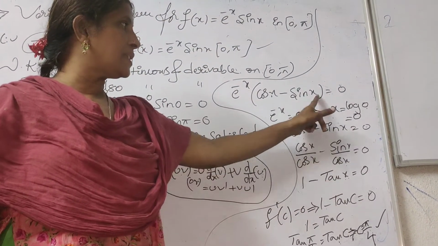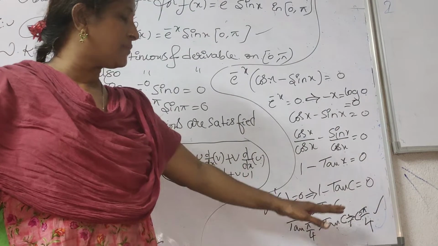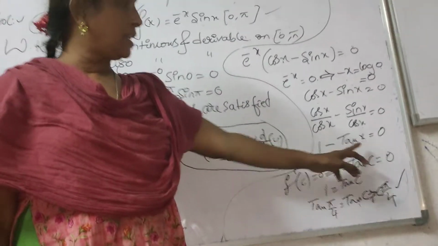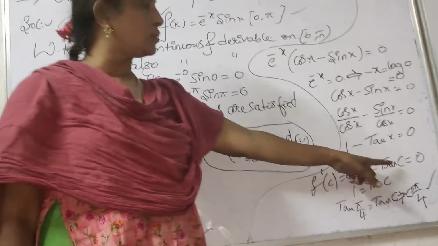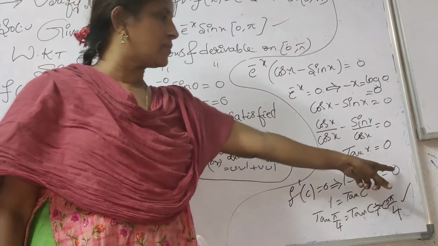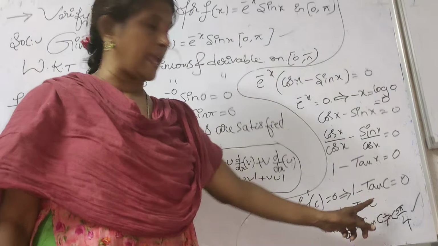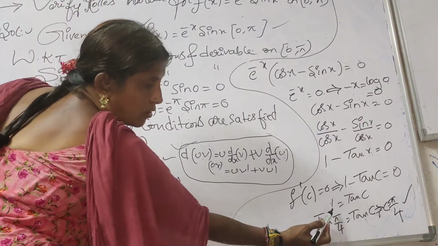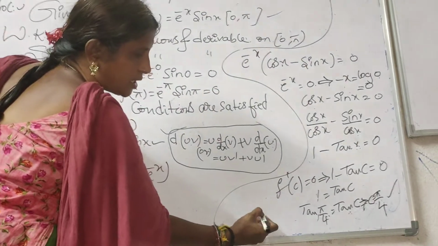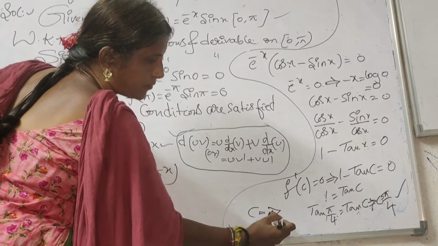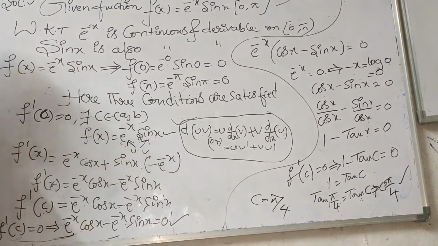Next, cos x minus sin x equals 0. After simplification we get 1 minus tan x equals 0. In place of x substitute c. 1 minus tan c equals 0, so 1 equals tan c. In place of 1 write tan pi by 4 equals tan c. Therefore c equals pi by 4.